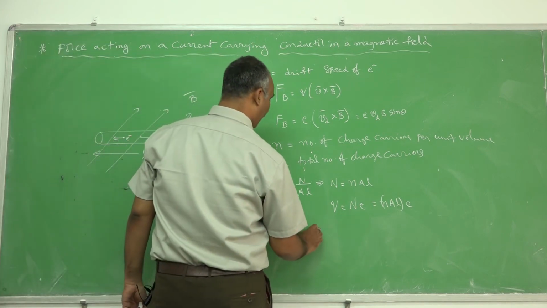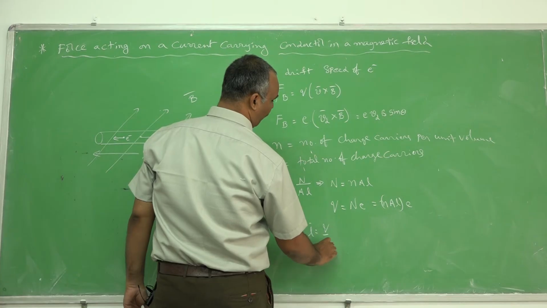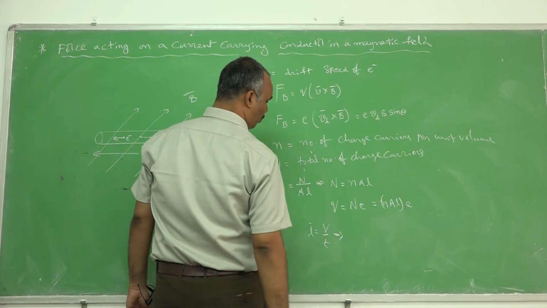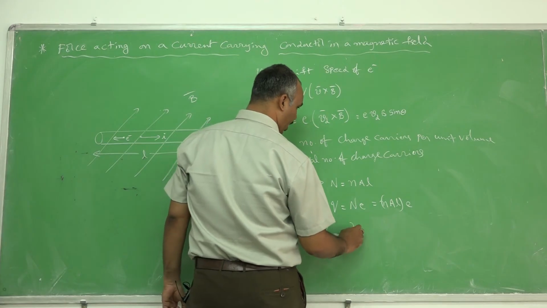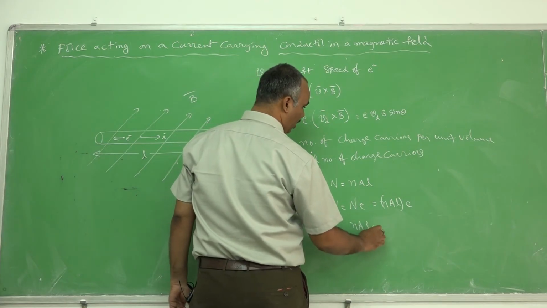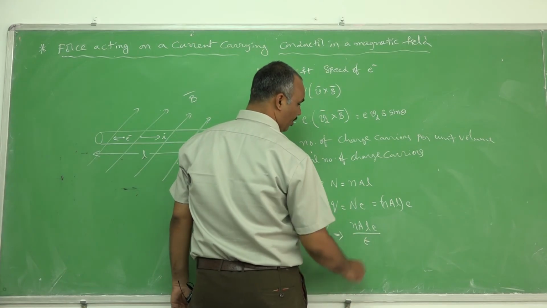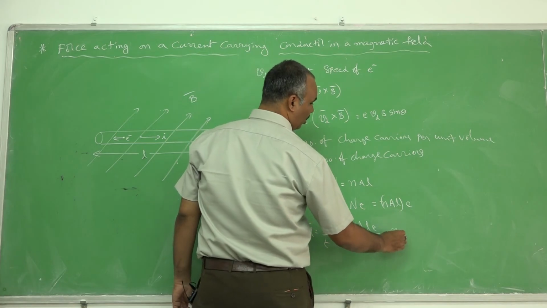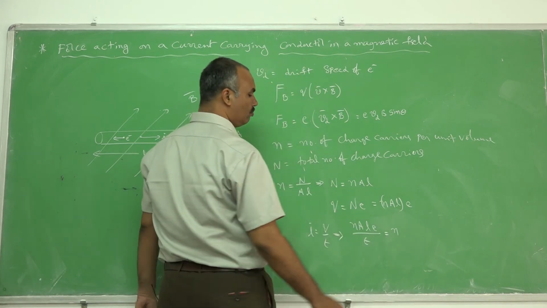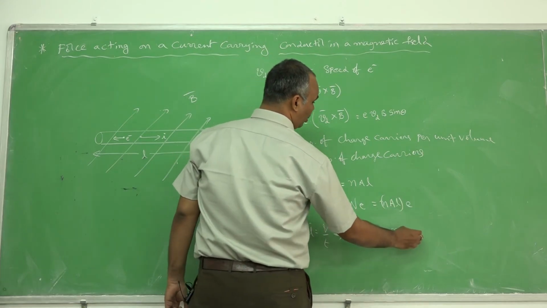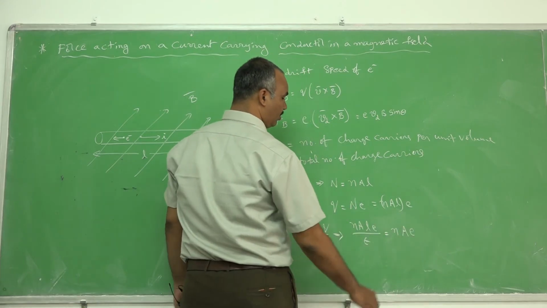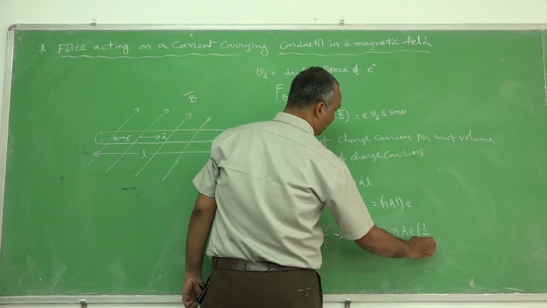Whenever you want current, it is charge by time. So the current passing through the conductor is given by nALe by t. Here n, the number of charge carriers per unit volume, is constant, A, the area of cross section, is constant, and e, the charge of each carrier, is constant. So you are having L by t.